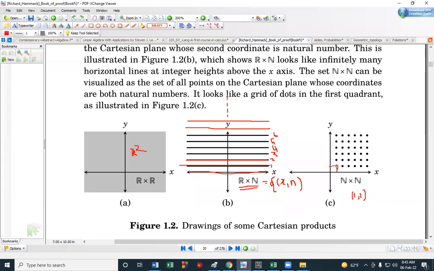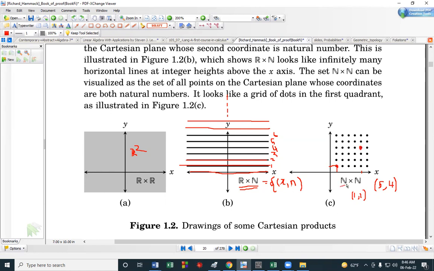Similarly, this distance is 1 unit. So here, if you take, like, the point 5, 4: 5 units along the x-axis, 1, 2, 3, 4, 5, so you're here, and 4 units along the y-axis, 1, 2, 3, 4. So this is the point 5, 4.